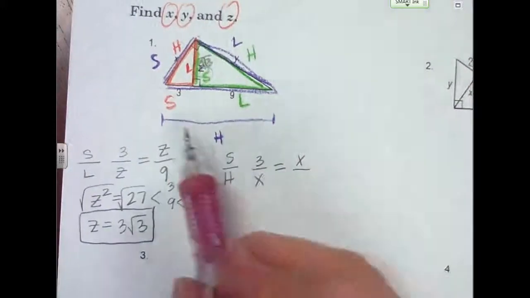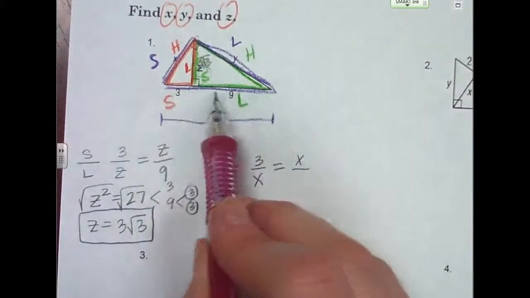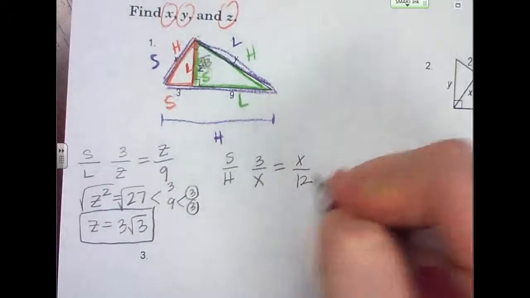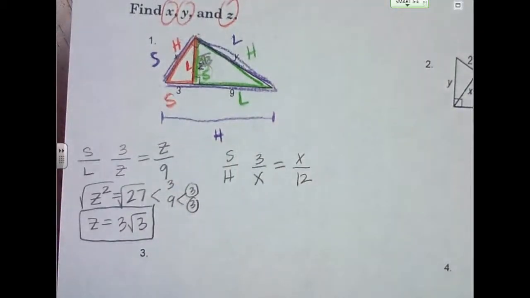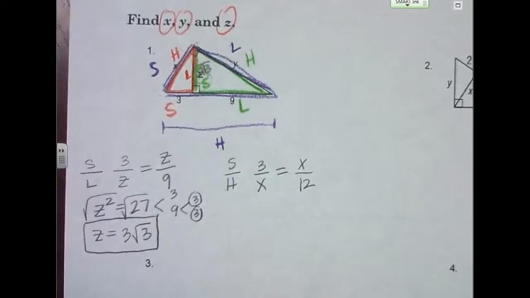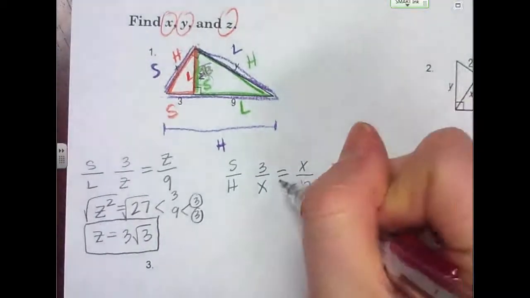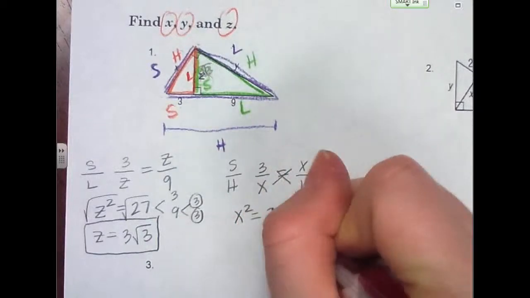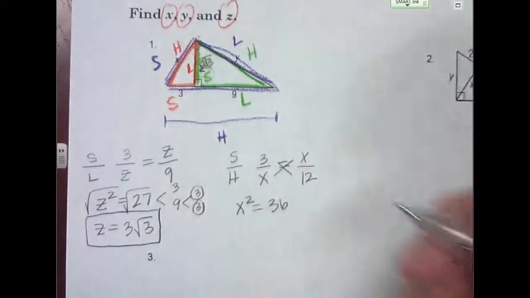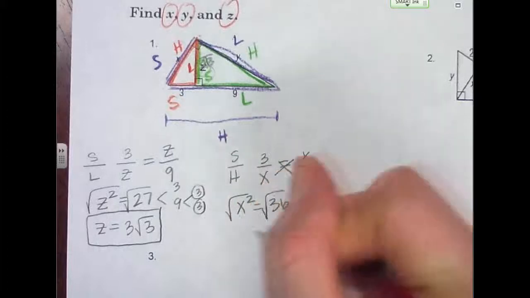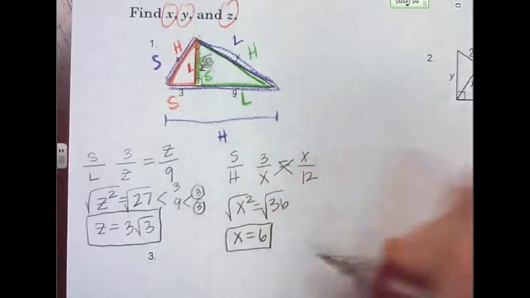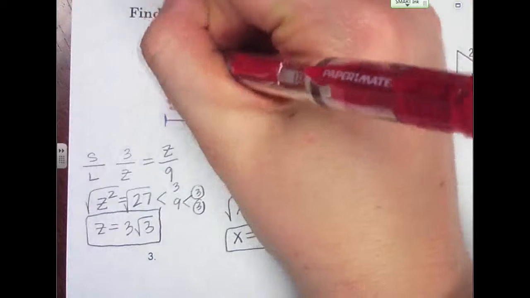The hypotenuse is here in purple, so I have to do 3 plus 9, which is 12. If you need to, pause the video so you can see where those numbers are coming from. Let's multiply this out. We have x squared equals 36, so x equals 6 because 36 is a perfect square. So now we know this side is 6.